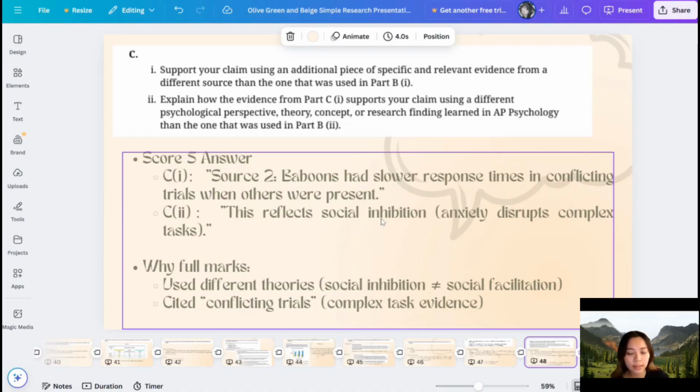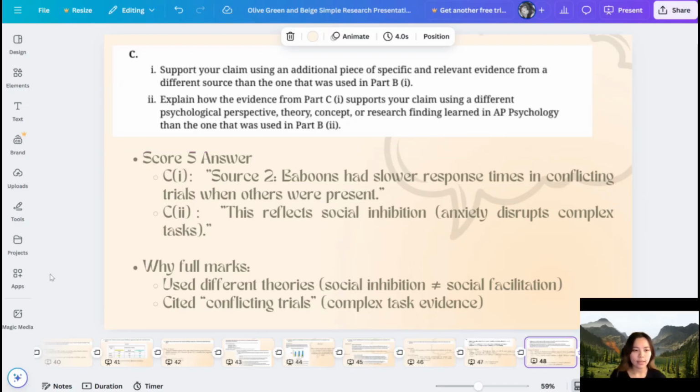Social inhibition is not equal to social facilitation, even though they sound pretty similar. So when you're doing flashcards or something, please don't mix up different concepts. Also, I cited the conflicting trials, which is complex task evidence, and you can also find it in the original text itself.